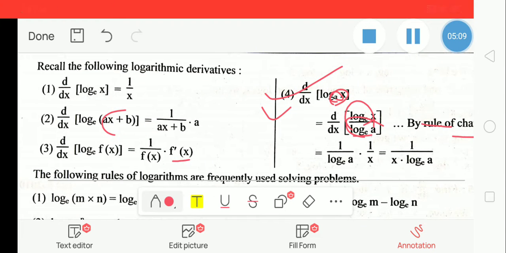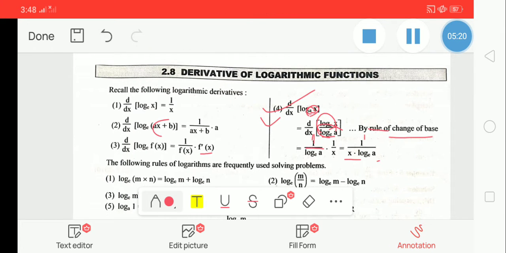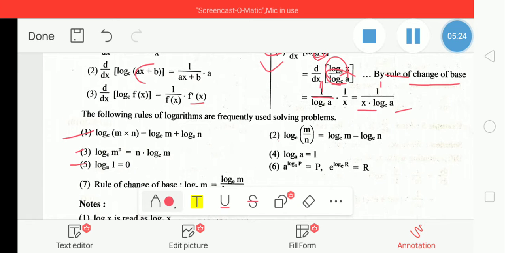Here 1 by log of a is a constant, so we write it outside: 1 by log of a multiplied by 1 by x, which is equal to 1 divided by x multiplied by log of a. Then these 1, 2, 3, 4, 5, 6, 7 formulas we also know.